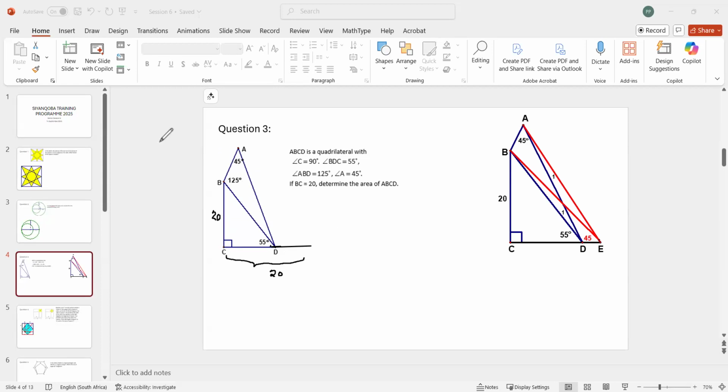And what I'm going to do is join, I want to create this isosceles right angle triangle. I've got 20, 20. So I'll form a triangle, I'll join that.